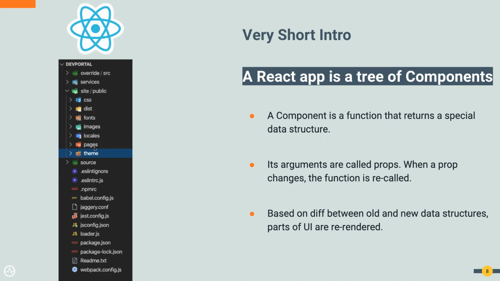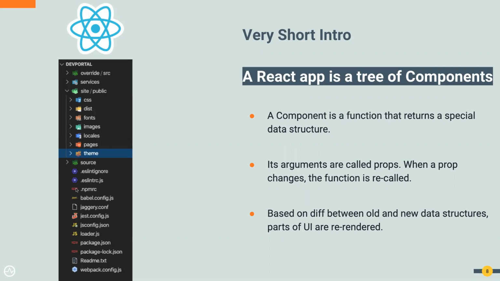On the left hand side you can see our application structure. We have a folder called override, and we will discuss the usage of this folder in the next topic, which is advanced customization. There are some services, and the site public directory, which contains the static files and the theme. The source directory contains the React application source.